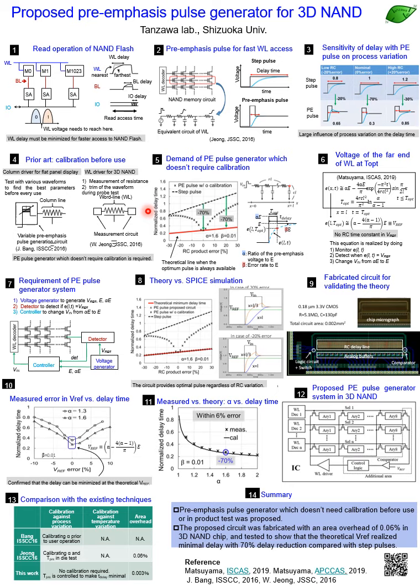So if you want to reduce the cost, you would need a pre-emphasis pulse generator which doesn't require calibration. This graph was also presented in the previous presentation, but I'll review it again.